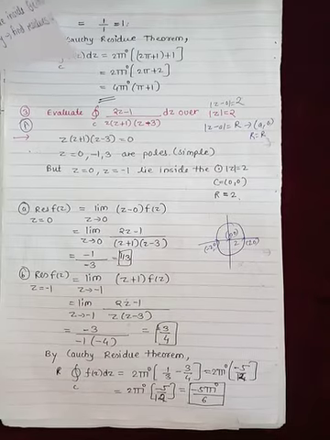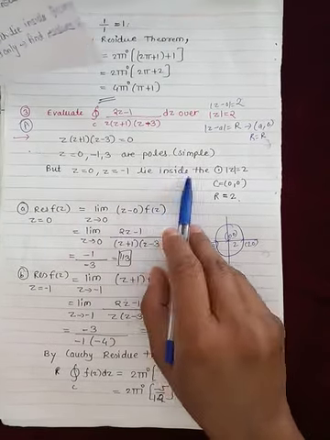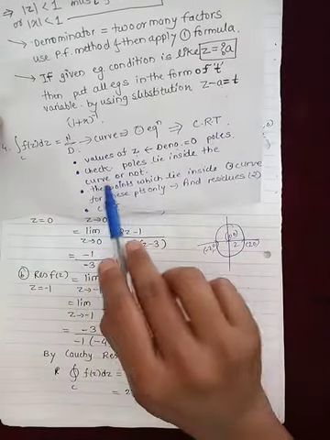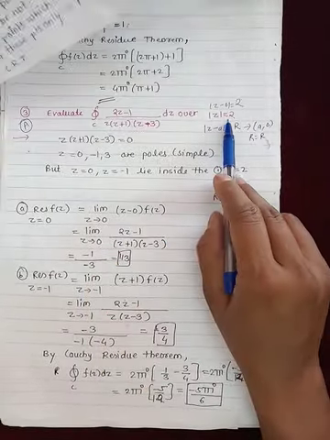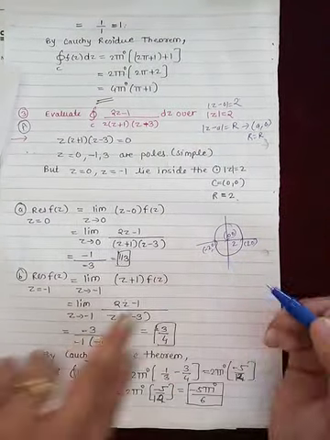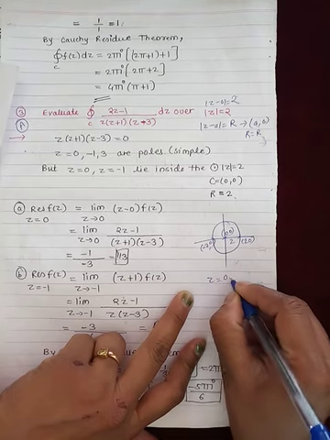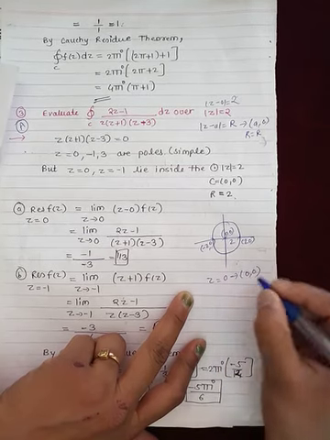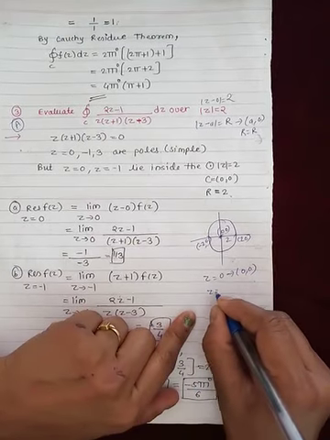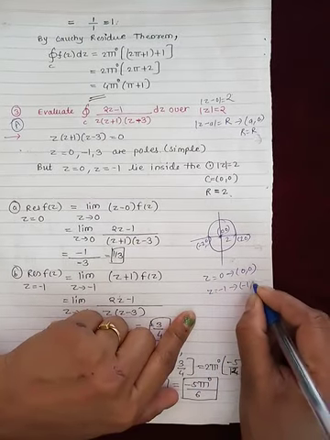Then the next step is to check whether these poles lie inside the curve or not. The curve is given as the circle equation. So the circle is this. So z equal to 0 means the (0, 0) point. So this is your origin, which lies inside the circle. Then z equal to minus 1 means the (minus 1, 0) point.